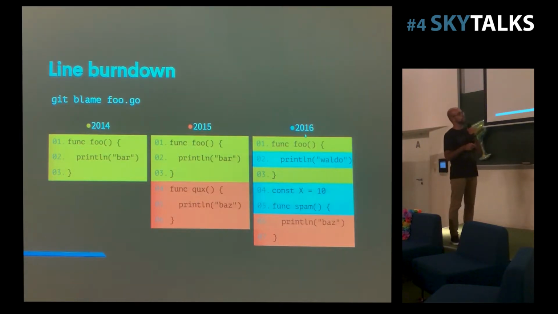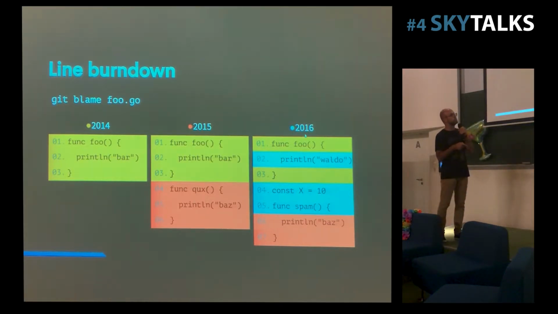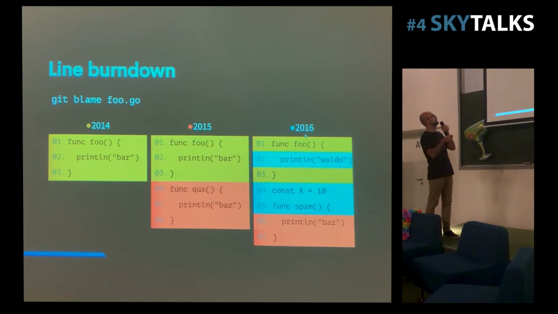In 2016, you add more changes to your source code. You change the second line here. You add some declaration of the constants, and also you rename the function. So now you calculate how many lines which you added in 2014 are not overwritten in 2016, and the answer is 2. How many lines which were created in 2015 are not overwritten?